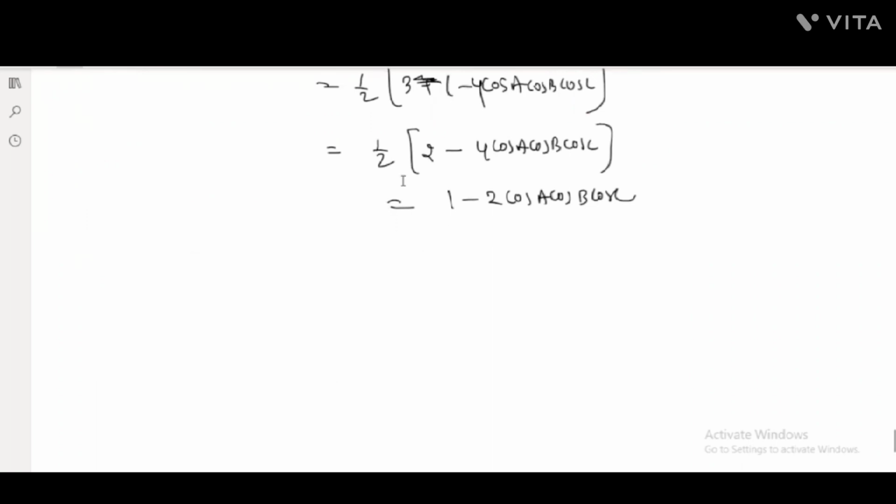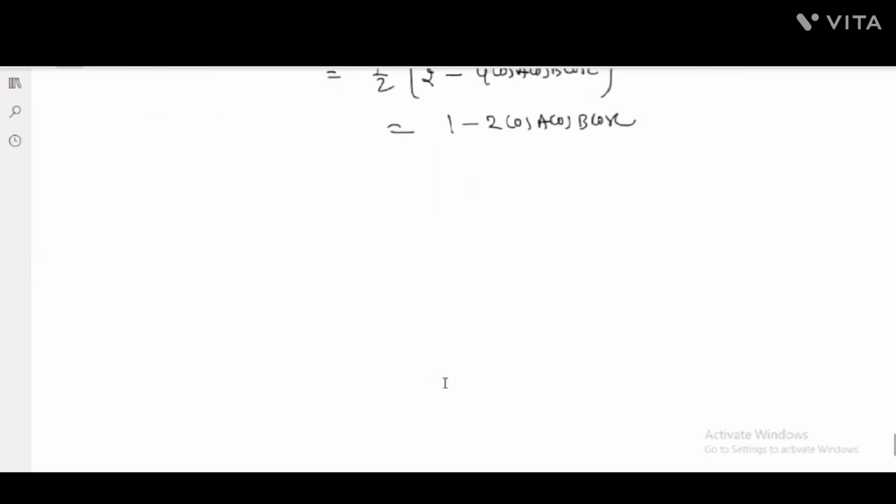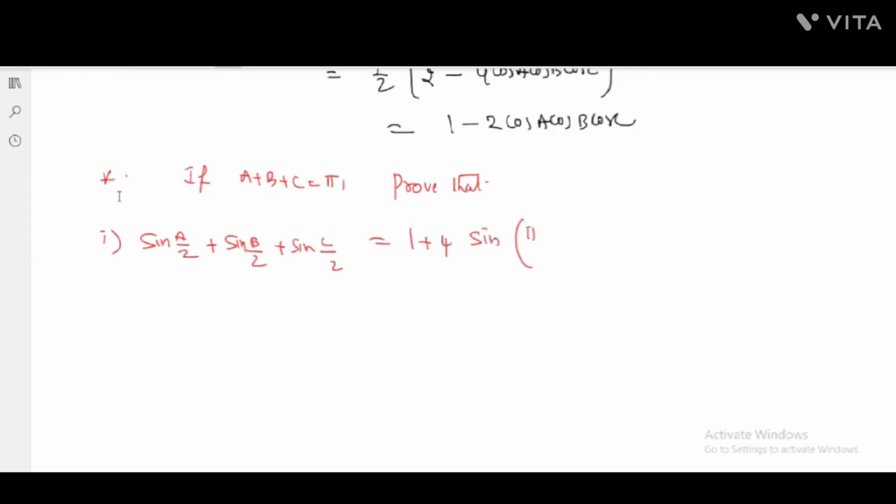There will be one more kind of question in this. So let's see what that question is. If a plus b plus c is equal to pi, prove that sine a by 2 plus sine b by 2 plus sine c by 2 is equal to 1 plus 4 sine of pi minus a by 4 sine of pi minus b by 4 sine of pi minus c by 4.